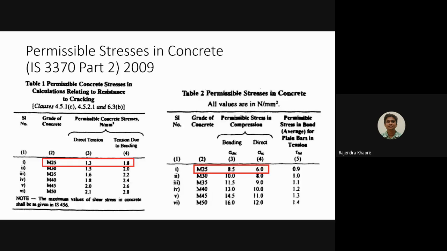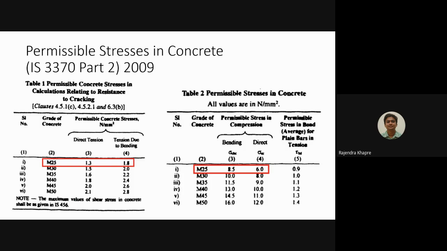Now, as far as designing is concerned, we have to use IS 3370 part 2, which I have already shown you in the previous lecture. As per IS 3370 part 2 2009, the values highlighted in red color have to be taken.